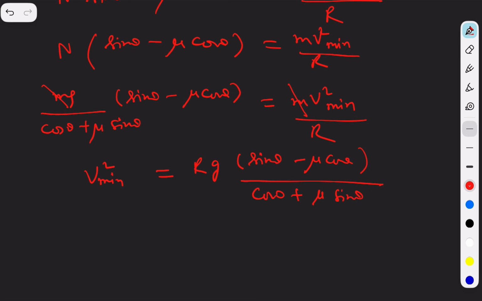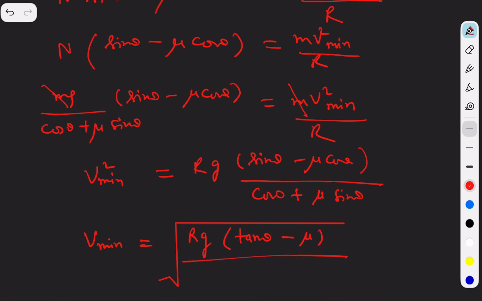It is advised that you remember this, because the derivation is a bit large. Dividing by cos theta in the numerator and the denominator, we get r g times tan theta minus mu divided by 1 plus mu tan theta. So guys, this is the minimum velocity that we can have in this case.